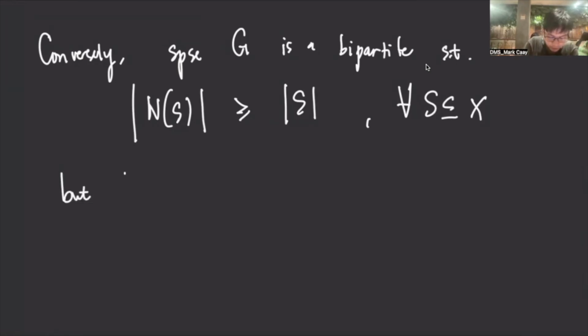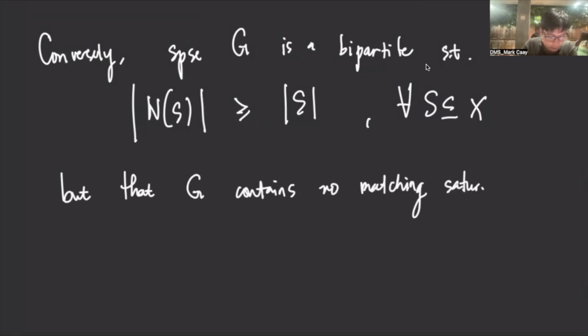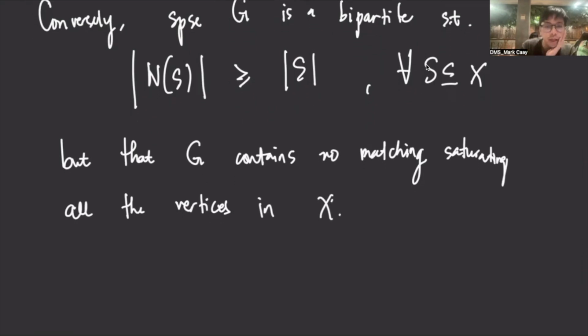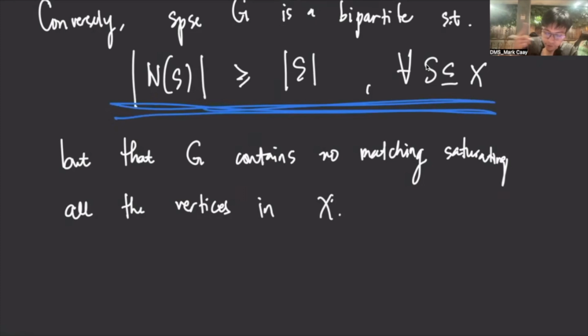Let us assume that G contains no matching saturating all the vertices in X. Let's assume hindi totoo yung conclusion niya. So our expected result for this would be a contradiction. Otherwise, mali yung claim natin. Okay, so let's assume this holds. So this is the backward direction. Pabalik na kasi tayo. And then let's assume otherwise na G contains no matching saturating all the vertices in X.